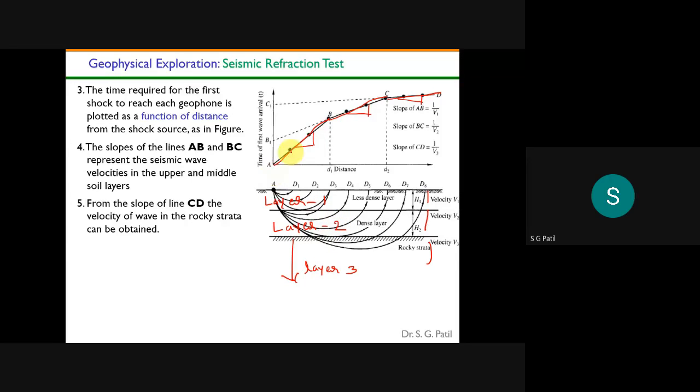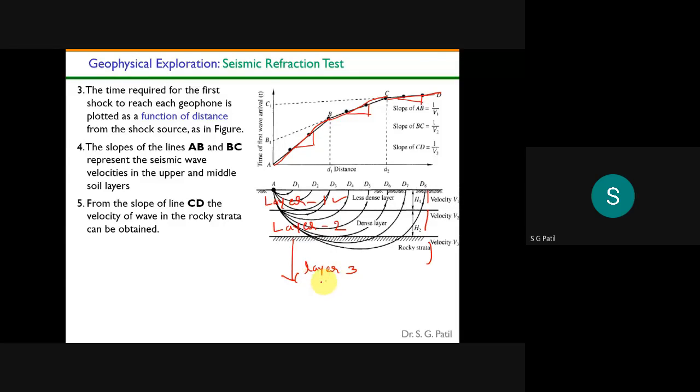The slope of this portion is nothing but the velocity of the shear wave in layer 1. The slope of this portion will give me the velocity in the second layer. The slope of this portion will give me the velocity in the third layer.